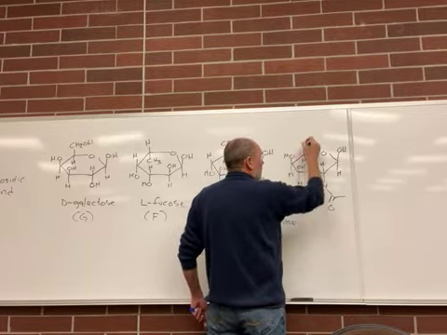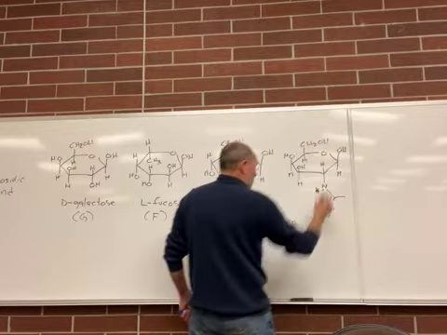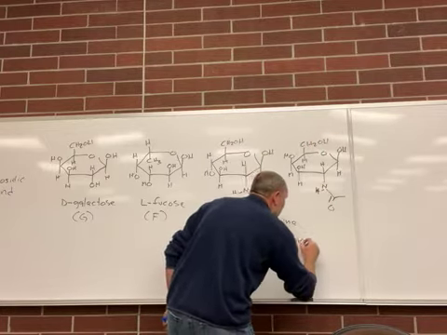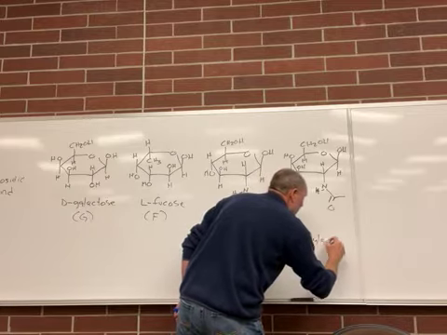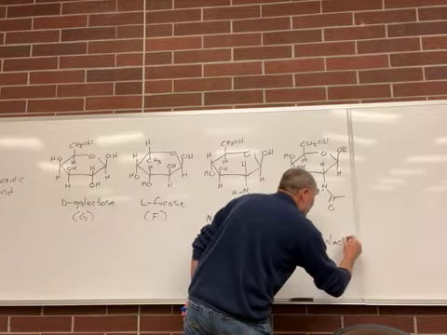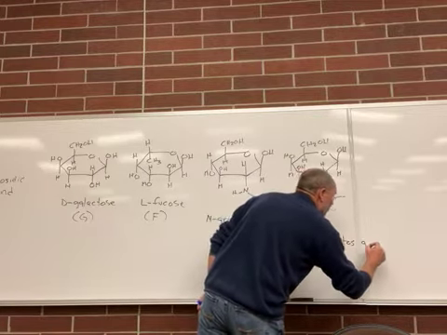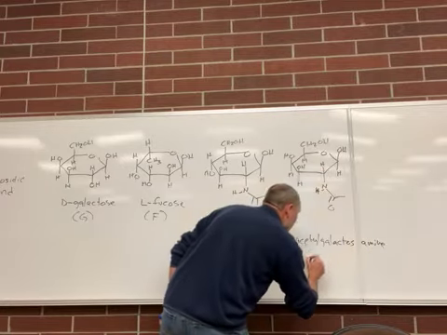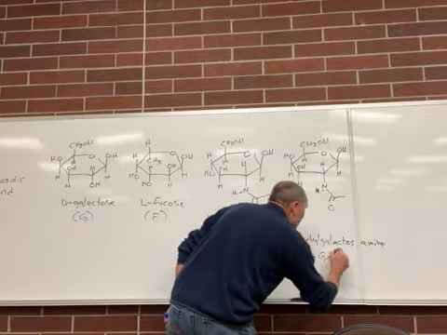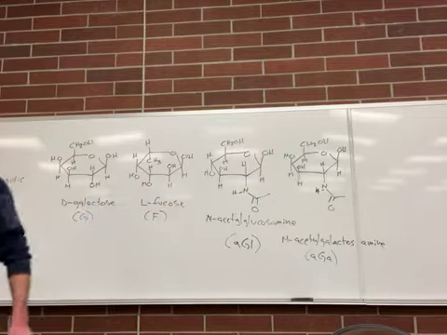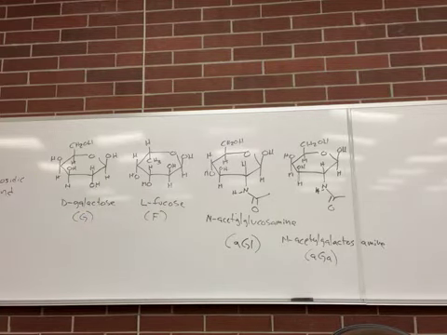But in this case, this is N-acetyl galactosamine. And we'll call that AGA. Okay? So those are the 4 sugars that are involved in identifying blood types, which is, to me, pretty fascinating.